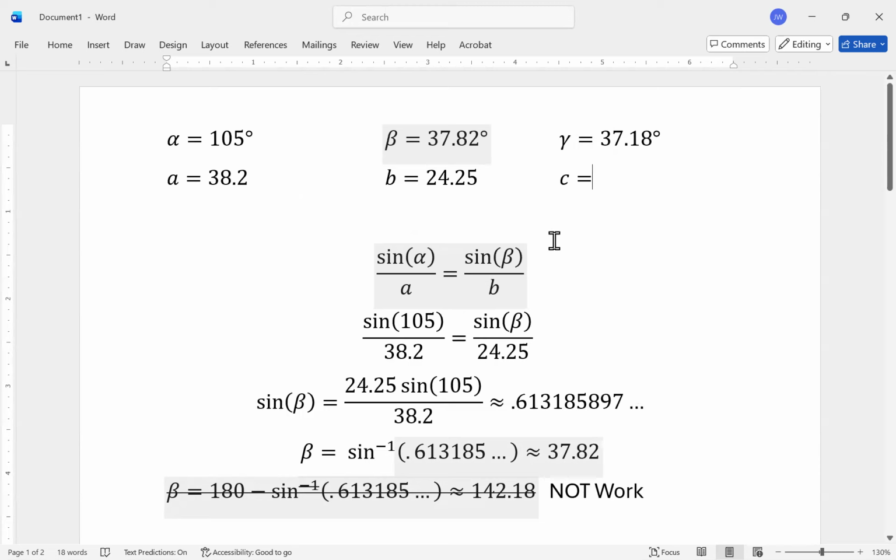And now I can use law of sines to find C because I have a ratio for beta and B, I have a ratio for alpha and A, and therefore, since I know gamma, I can set one of those equal to the ratio for gamma and C.